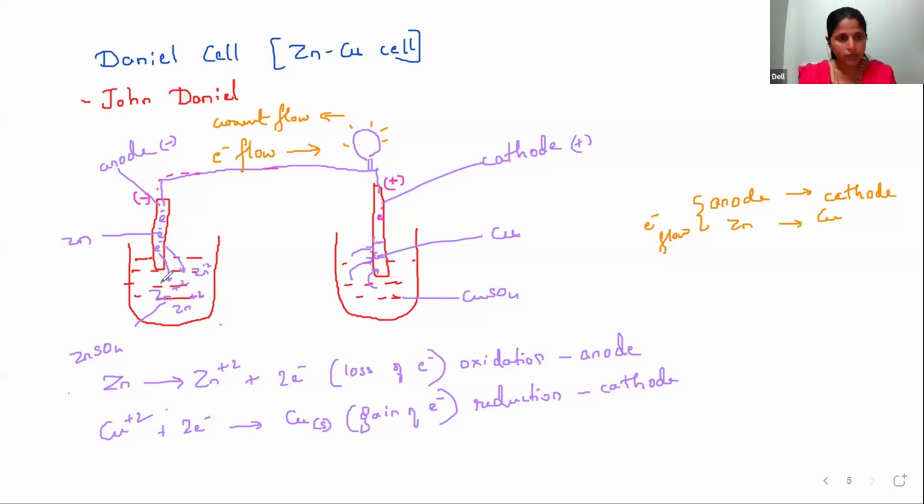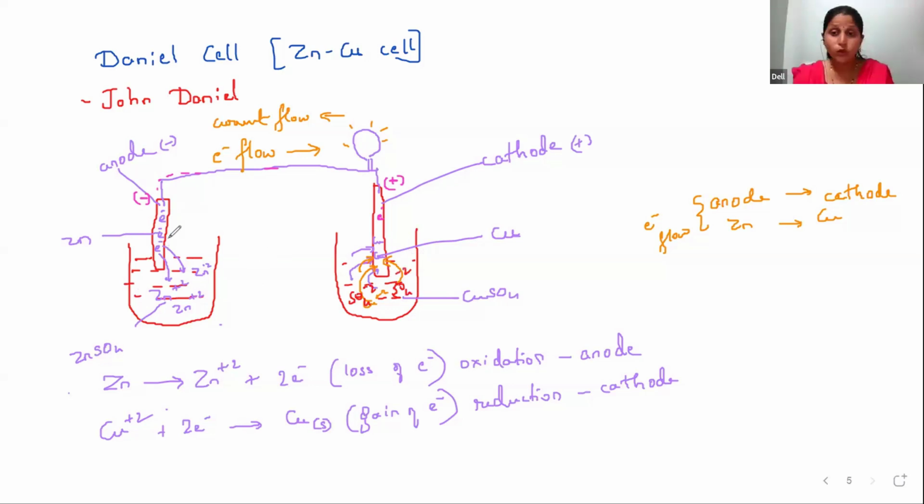On the other hand, in the copper sulfate solution, Cu plus 2 ions are going on depositing on the copper rod. Therefore, which ions are more in number? Cu plus 2? No, because Cu plus 2 ions are depositing on the rod. So which ions are comparatively more? SO4 minus 2.